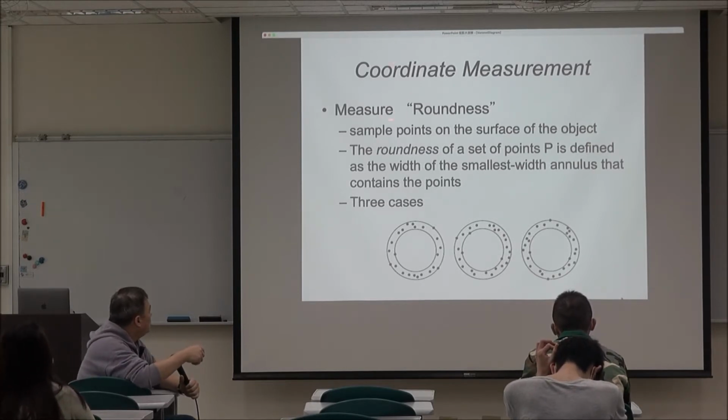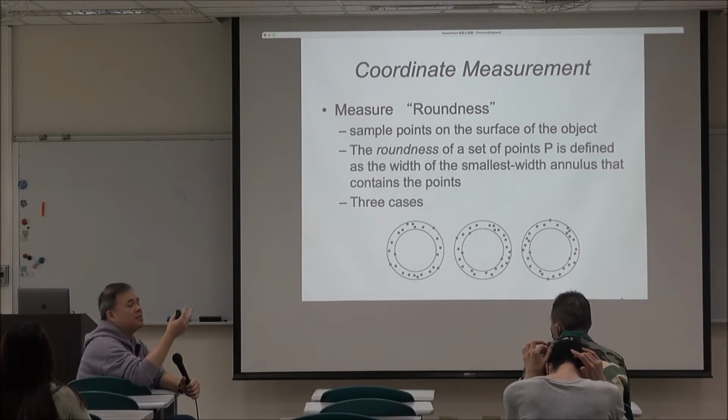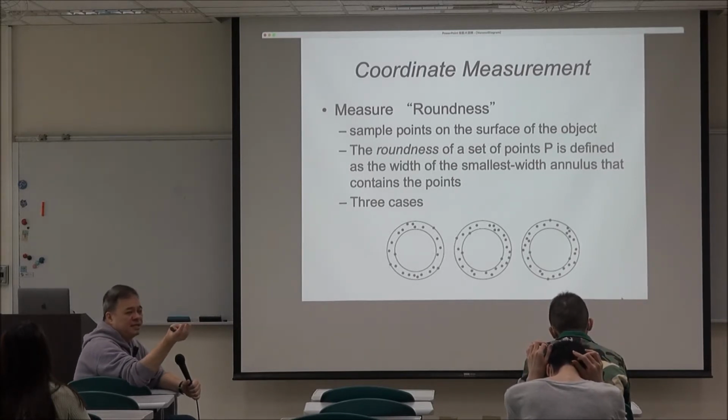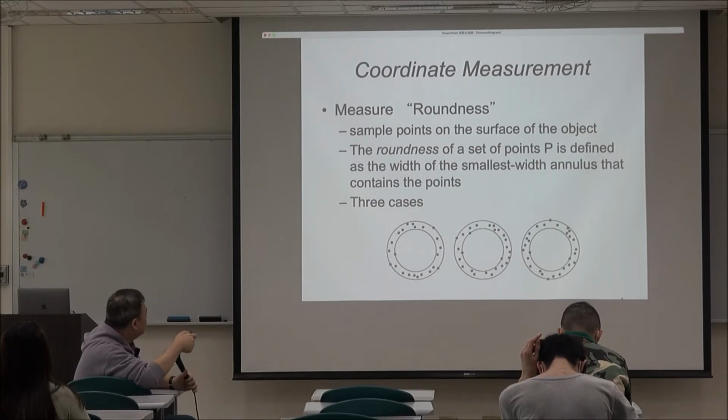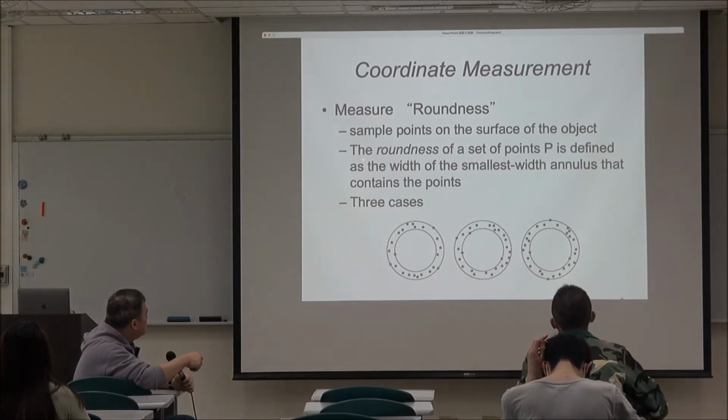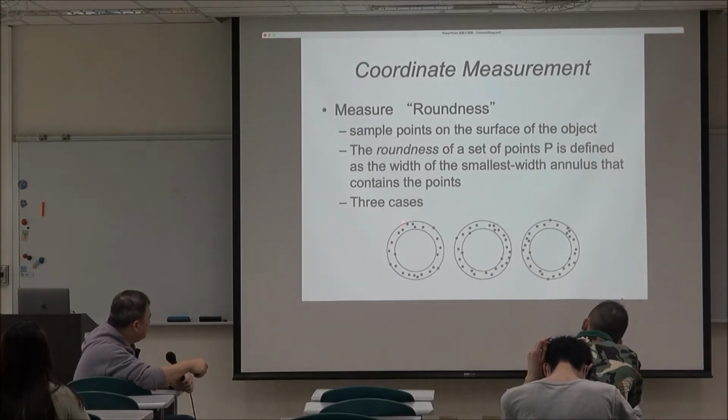So we can use the sampling concept to measure the roundness of some rings. So how do we use it in this case? It's like this. We first randomly put some dots. We can do that very easily, right?